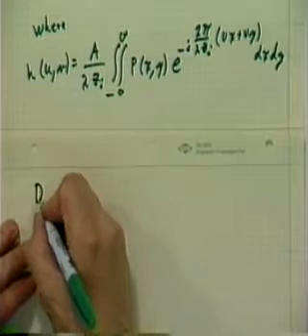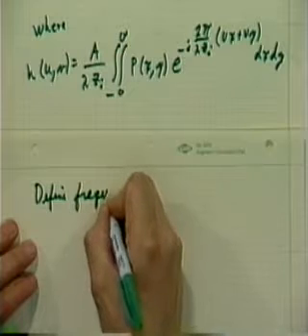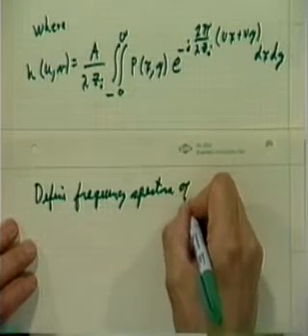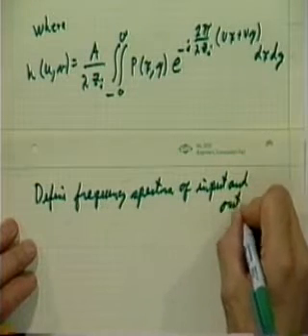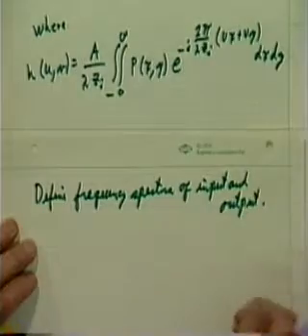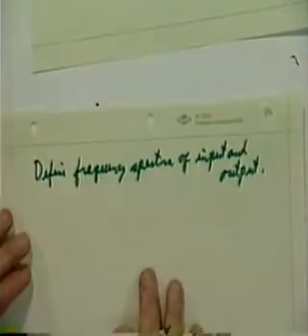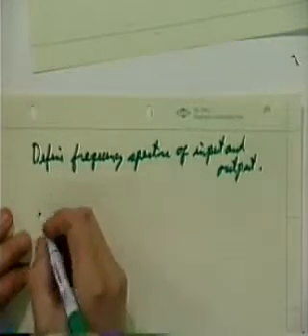So we'll define frequency spectra of input and output. And so for the input, we're taking a perfect geometrical image.